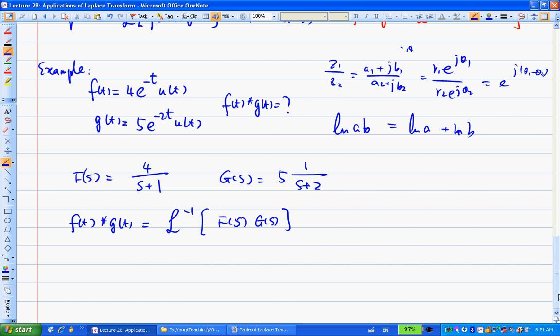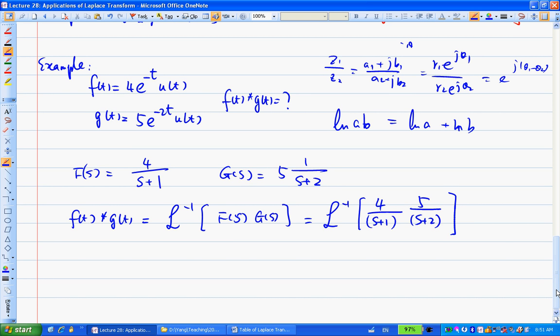We already have F of s and G of s, so just put them together. There's really nothing tricky here, just plugging everything into this formula.